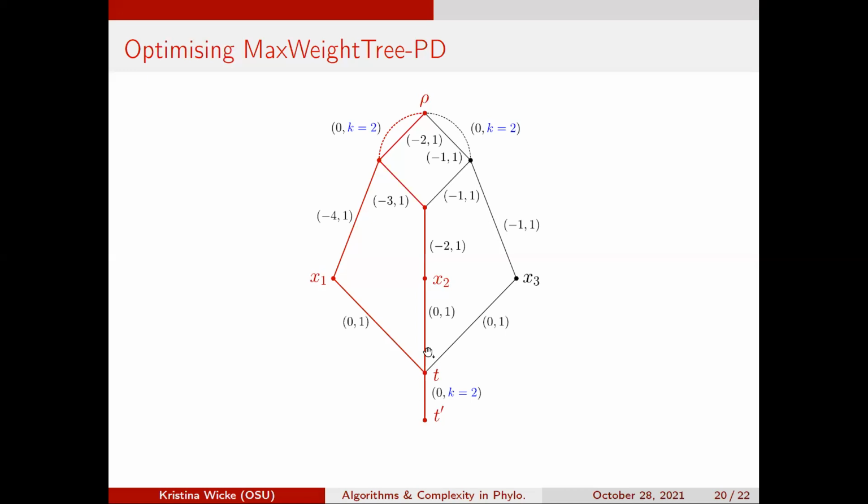And in particular, what you can see here, if you think about this edge, there's capacity K and K equal to 2. So K is still the number we want to find. So this tells us that at most 2 units can route through this edge. This in turn tells us that at most 2 of the edges connecting the leaves to T are used. Because in a flow, what comes into a vertex goes out.